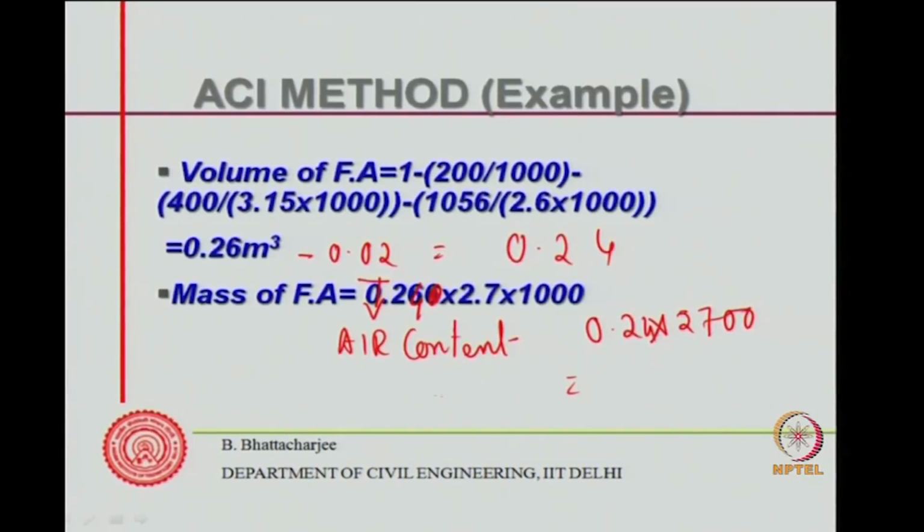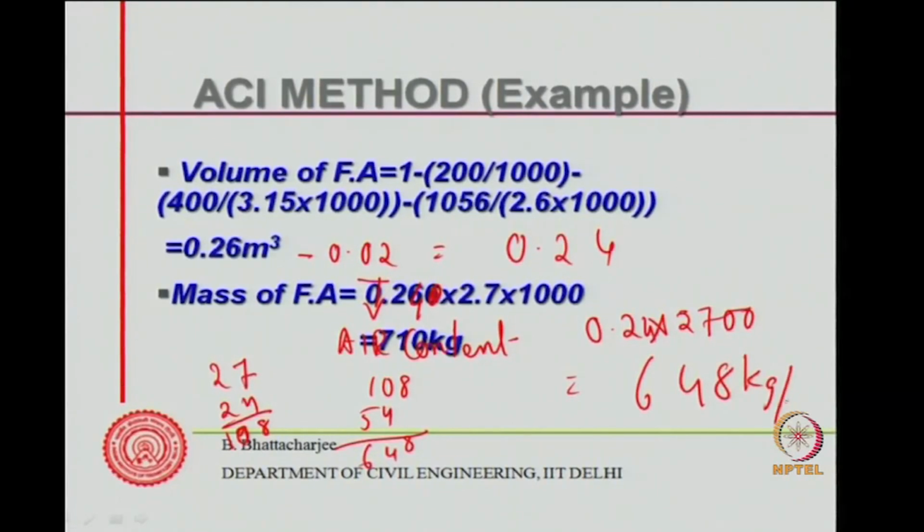So, this value will come out to be 27 into 24. 27 into 24 is 648. So, I get fine aggregate content will be 648. Fine aggregate content will be 648, not 700, but it will be 648 kg per meter cube.